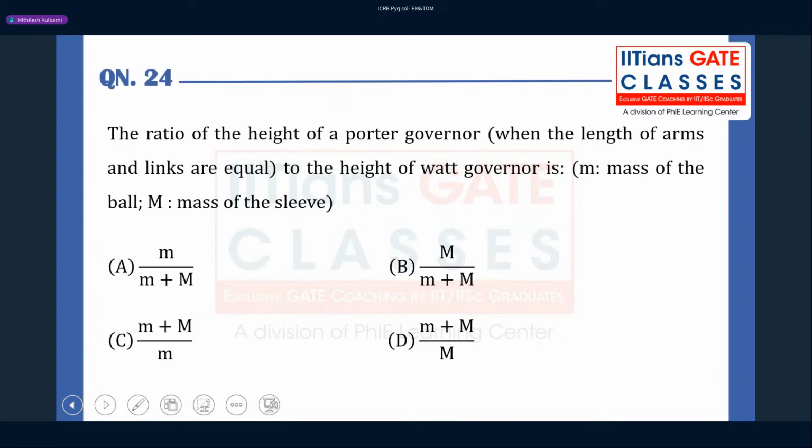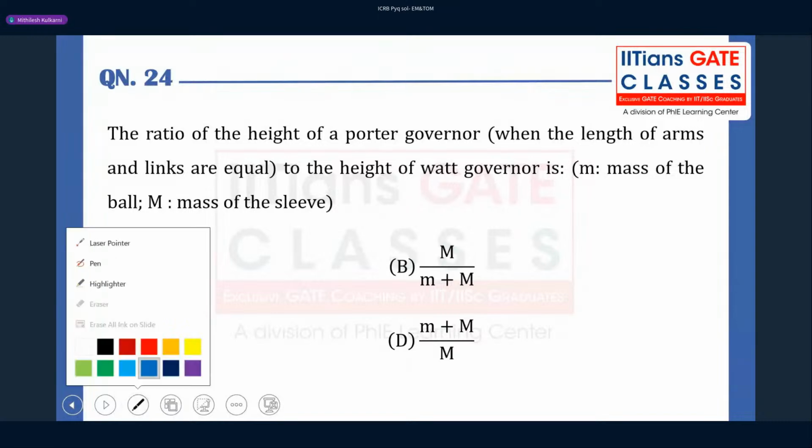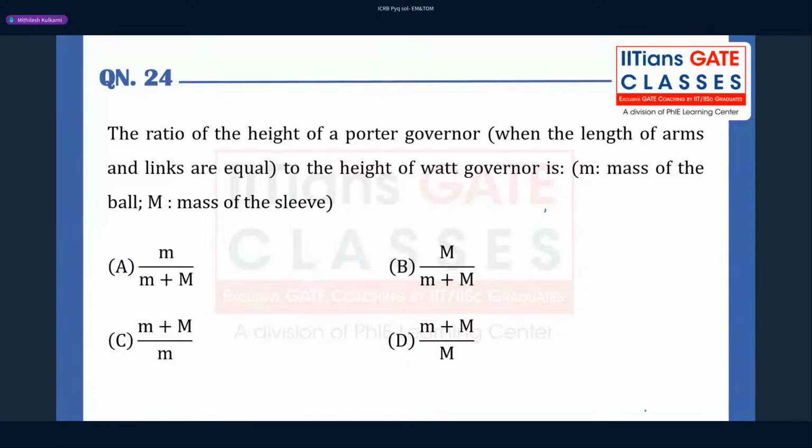Coming towards the next question, the ratio of height of Porter governor to the height of Watt governor is. We know that in case of Watt governor, the speed is given by N square is equal to 895 by h.